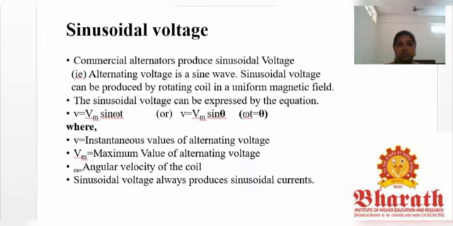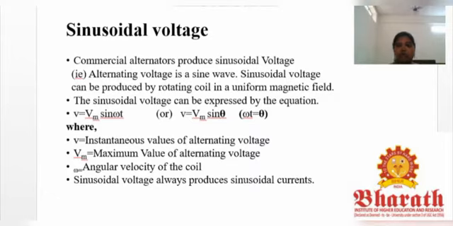Because of this, the current flowing in the coil varies. That current we call a sinusoidal current. This is how we generate a sinusoidal voltage and sinusoidal current. We studied this in lower classes as the simple loop generator. That is the basic setup for generating a sinusoidal voltage and corresponding current.